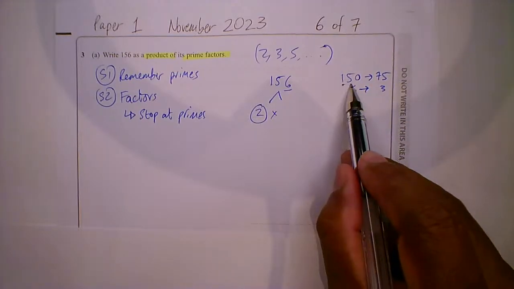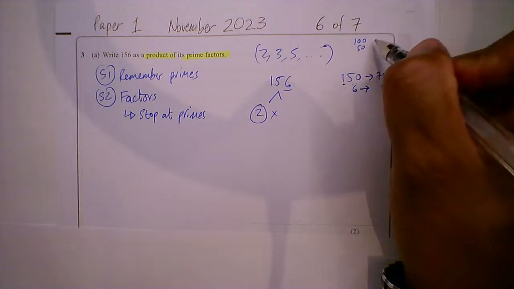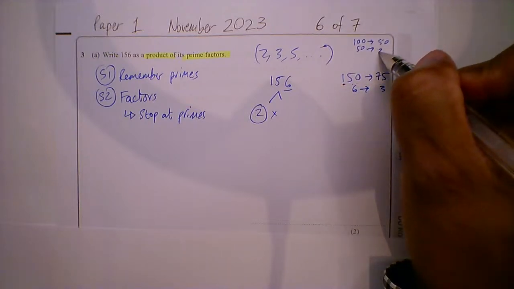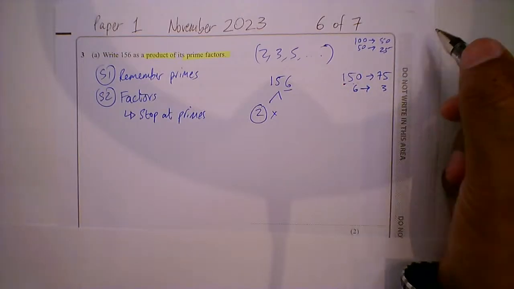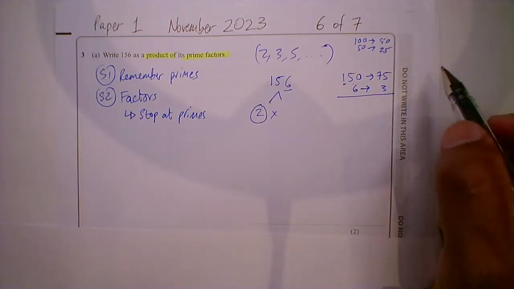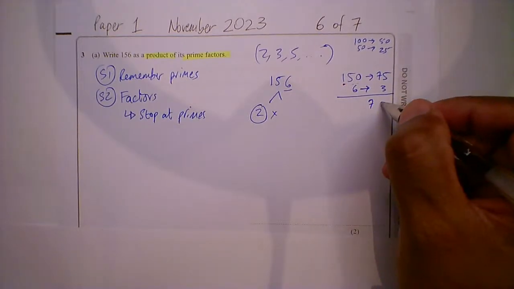And again, if you can't do 150 in your head, you could split it up. So here, half of 100 is 50, half of 50 is 25, and that gives you 75. So if you are stuck, just keep simplifying it so it's easier for you. 75 plus 3 is 78.